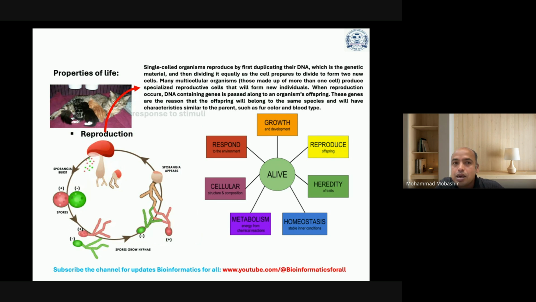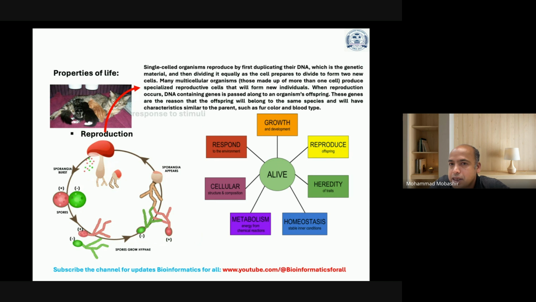Now, the third property is reproduction. Single cell organisms, for example, reproduce by first duplicating their DNA. Before going to DNA and RNA, I can just say reproduction means to increase the population by certain means.